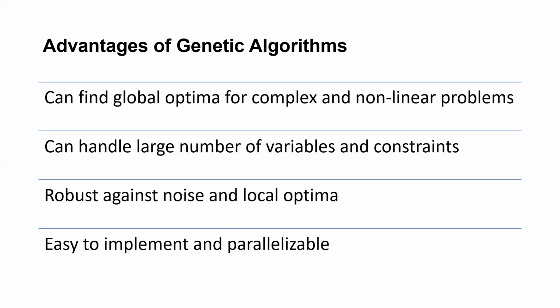There are constraint-based genetic algorithms, which really operate under that scope. So it is more robust when it comes to a large number of variables and constraints, and robust against noise and local optima.